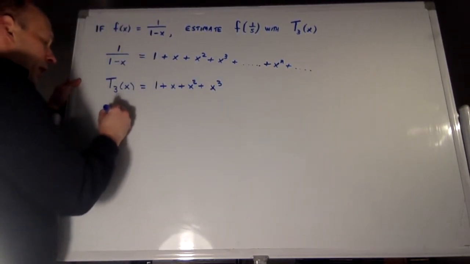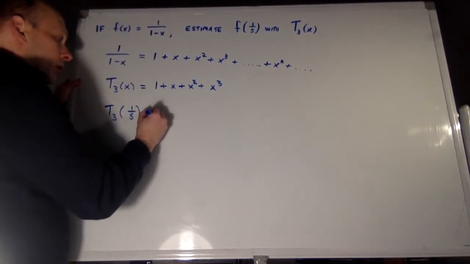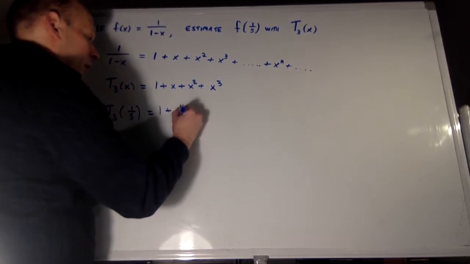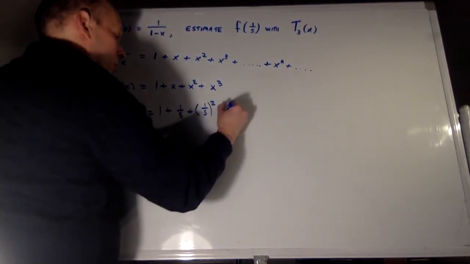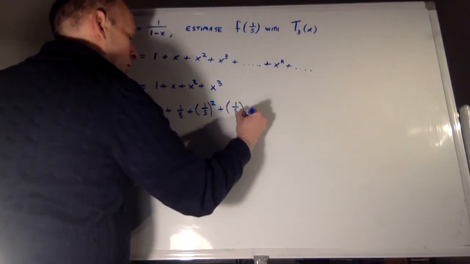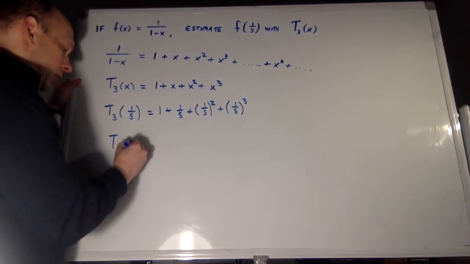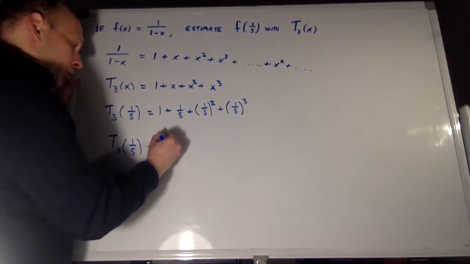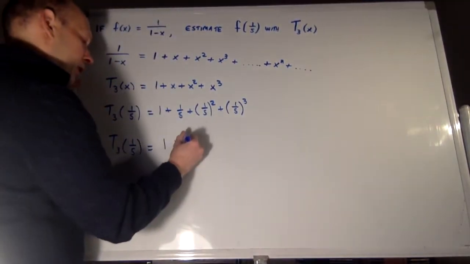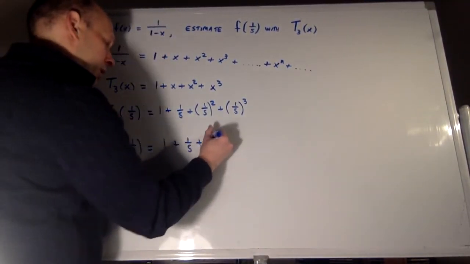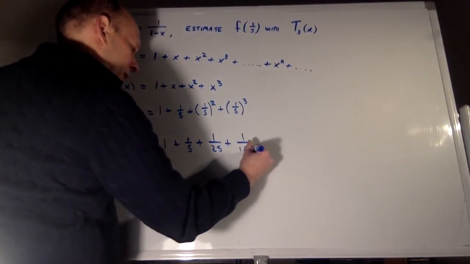So the 3rd degree Taylor polynomial evaluated at 1/5 is going to be 1 plus 1/5 plus 1/5 squared plus 1/5 to the 3rd. So our 3rd degree estimate is going to be 1 plus 1/5, and then plus 1 over 25, and then 1 over 125.